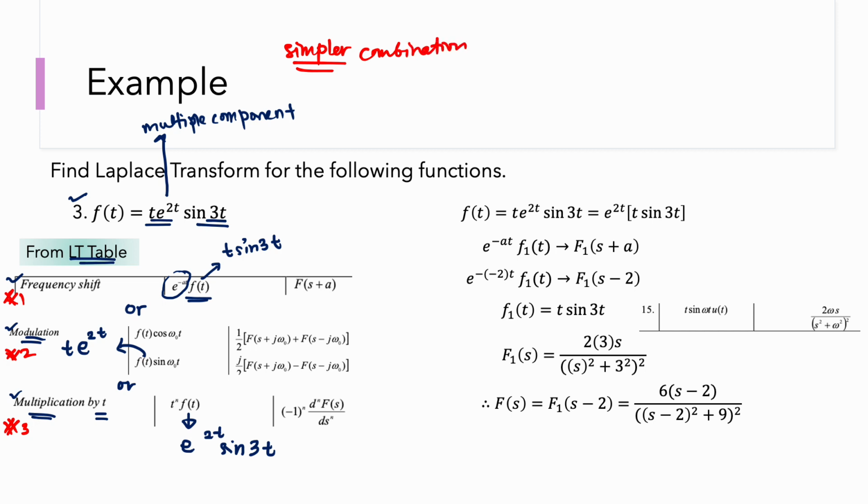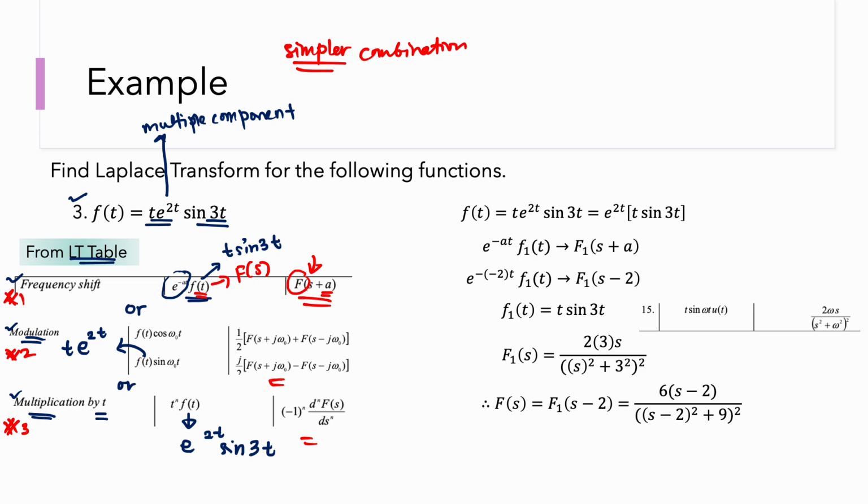We need to look at the S domain. For the first possibility, it is quite straightforward. We just need to find our f(t), convert it into the S domain, and then substitute into this equation, replacing s with s plus a.